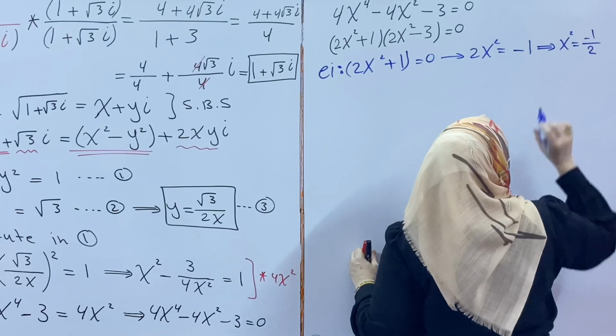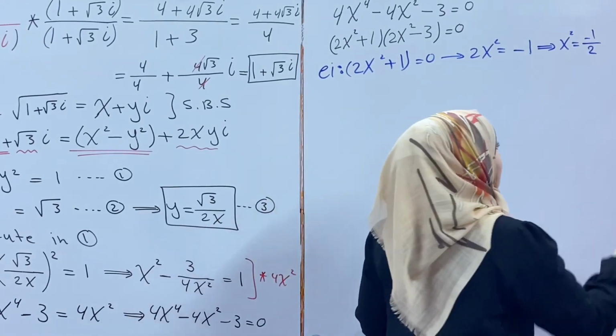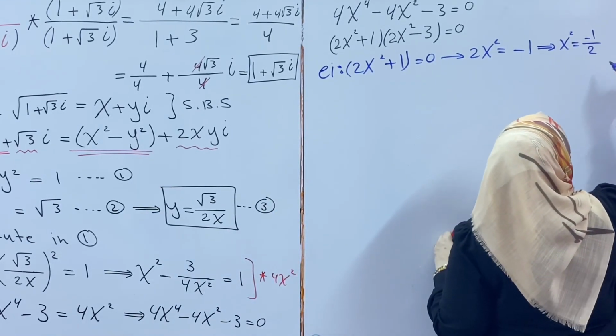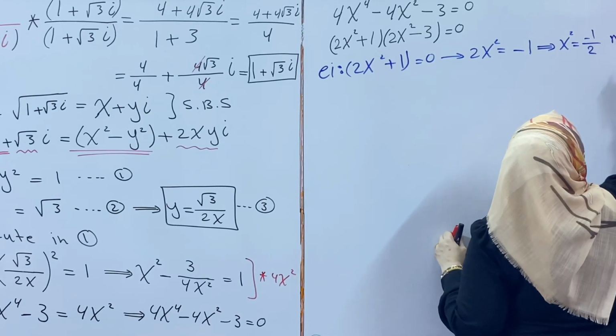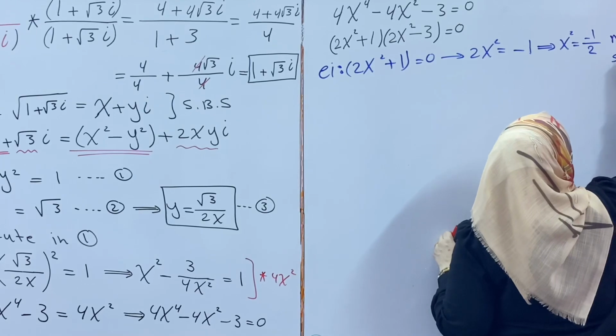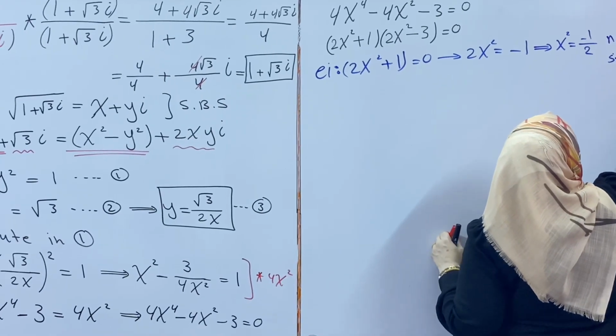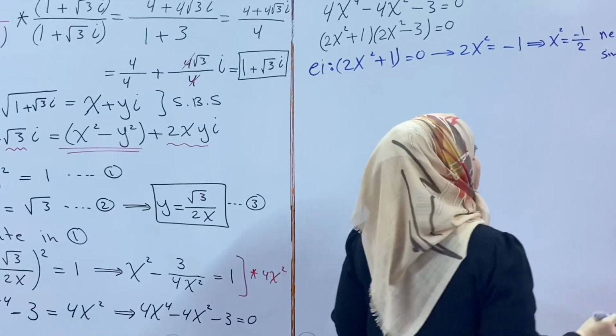So here when I take the square root for both sides, I will get an unreal value for x, and that means I will neglect this value, since x belongs to R, x is a real number.